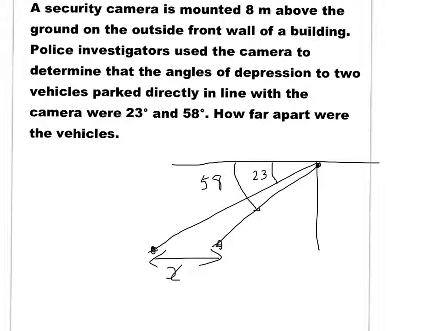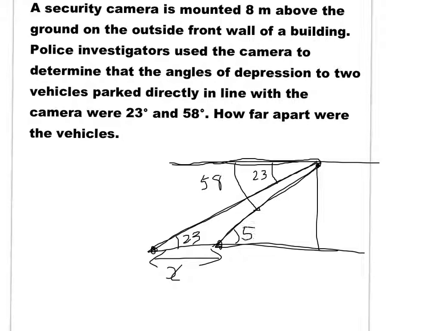Now, using the Z pattern, if you look here, this is a Z pattern. Automatically, I can say that this is 23. And the same way, if you look at the graph, this one again is a Z pattern, so this is 58. We know that the height above the ground for the camera is 8 meters. So I can go ahead and use the tan ratio to find AB and also BC here.